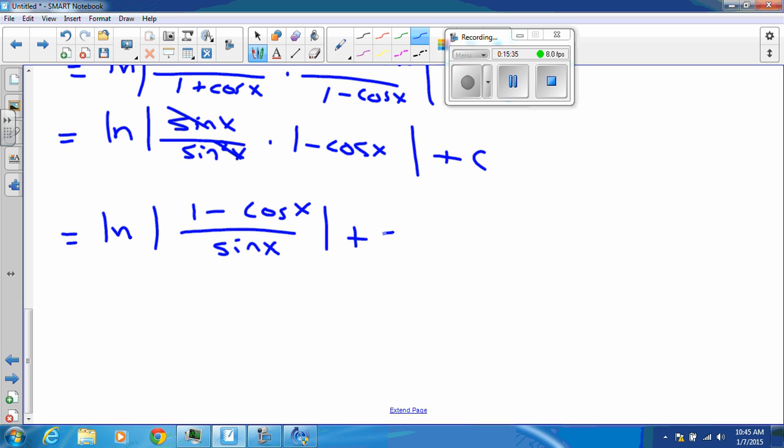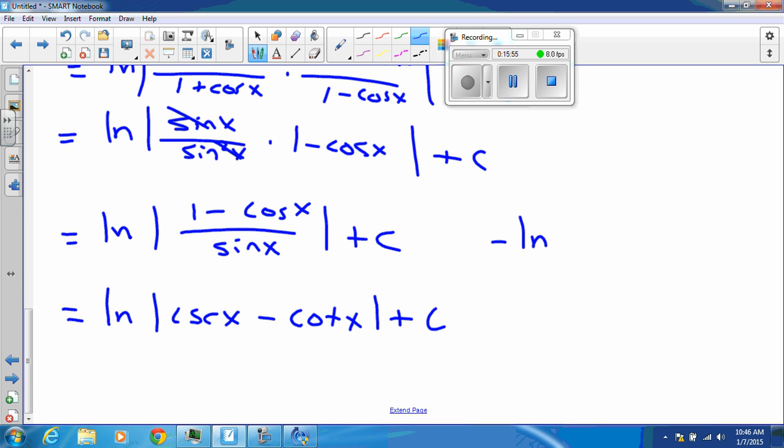This is one of the more involved algebraically results we've had all year, because now the final thing is the same as 1 over sine x, which is cosecant. And this is the same as cosine over sine, which is cotangent. So the very odd thing that we get is two different results involving cosecant and cotangent.